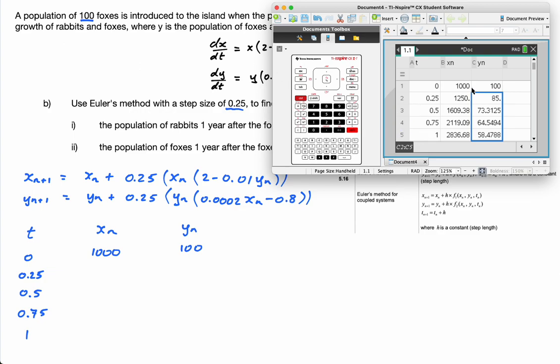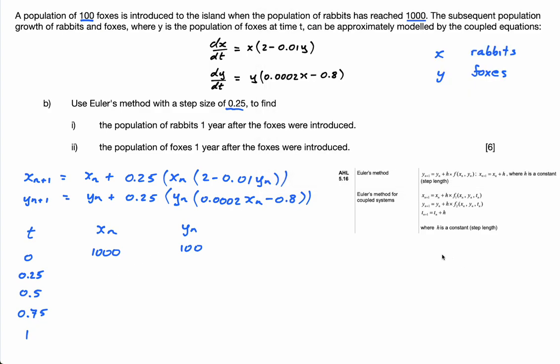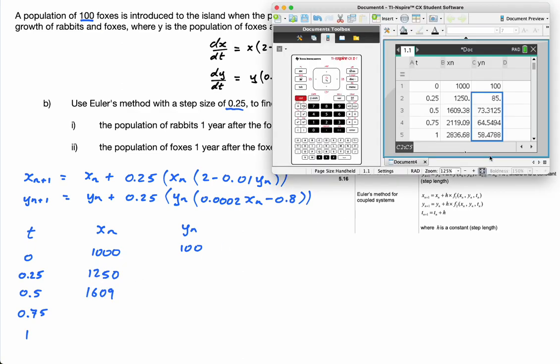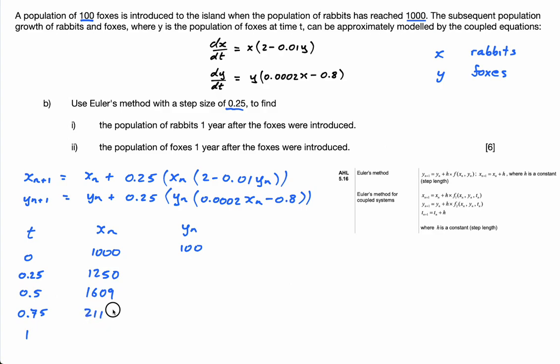Now these numbers, put them in here because that's your working. So this is 1250, 1609, 2119, 2837.